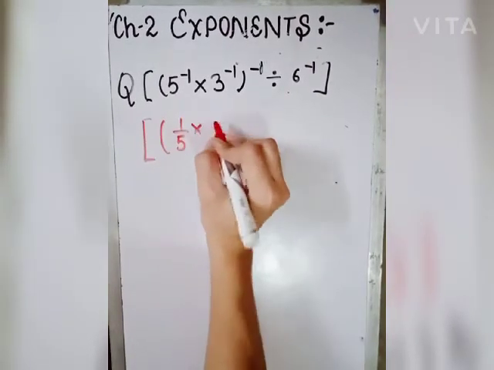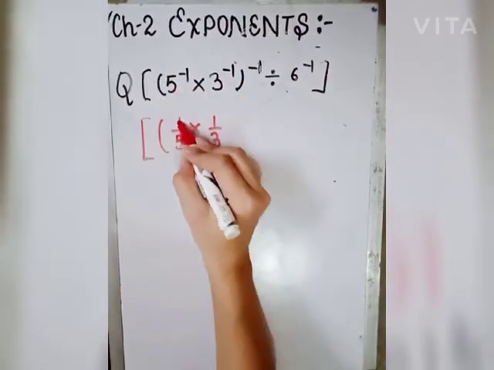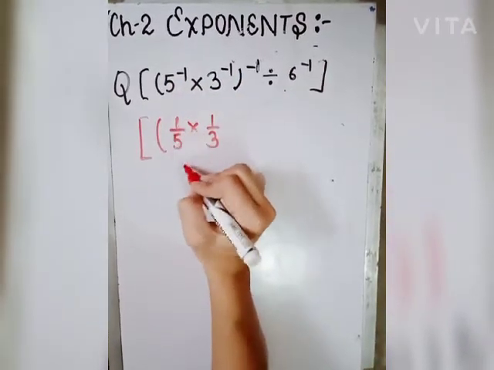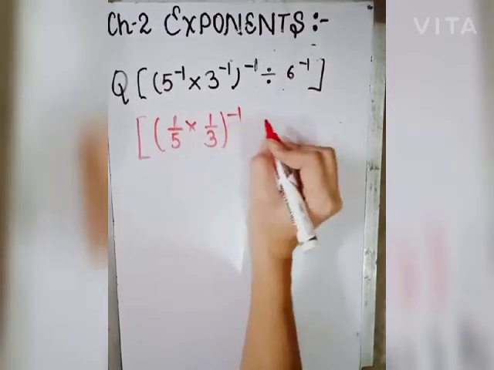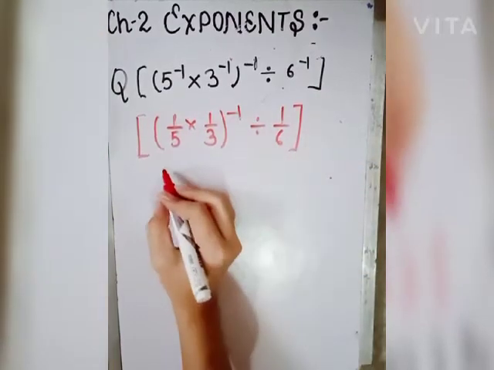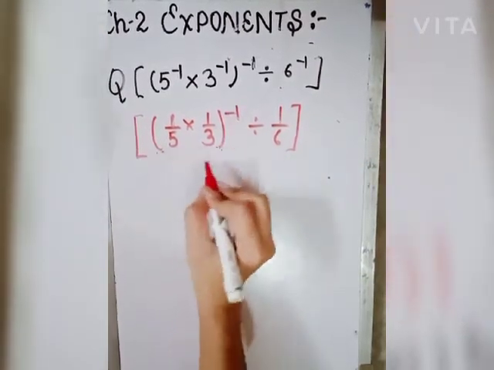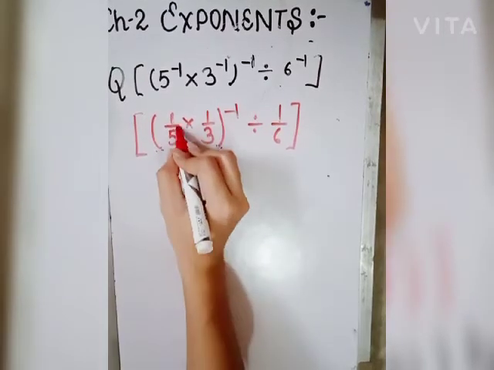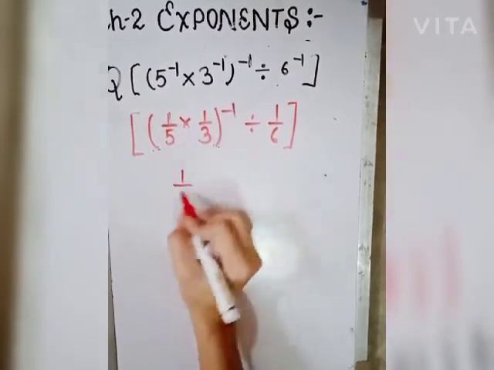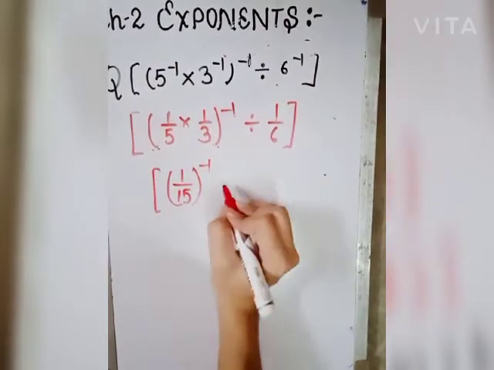1/5 into 1/3. The power of both of these is 1, so our digit will be 1/5 only. Minus 1 divided by 1/6. Now first solve the round bracket. We will solve inside the round bracket. 1 into 1 is 1, 5 into 3 is 15, and we have its power minus 1.